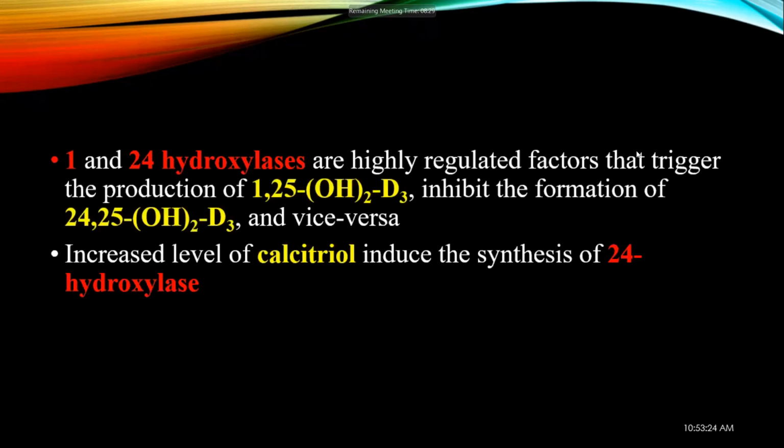So in normal physiological concentrations, it inhibits the synthesis of 24,25-dihydroxycholecalciferol. But at increased concentrations, calcitriol induces the synthesis of 24-hydroxylase, by which it enhances the synthesis of 24,25-dihydroxycholecalciferol. So that's how the concentration of calcitriol is maintained.